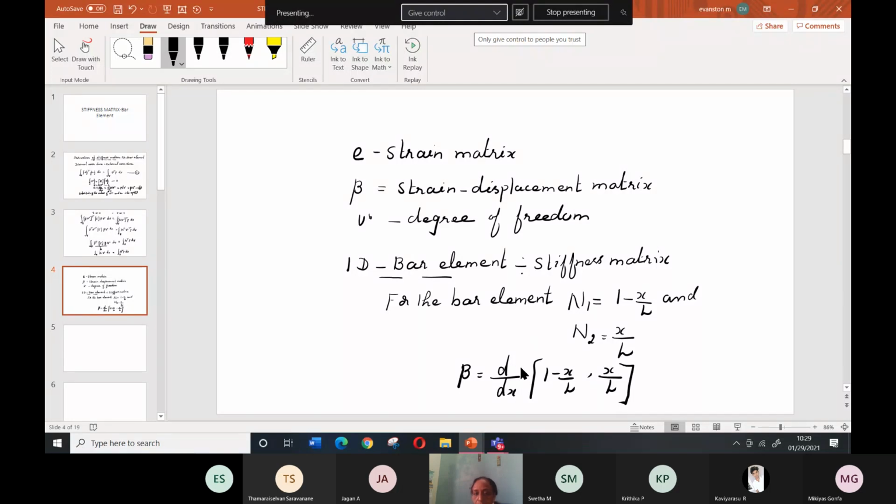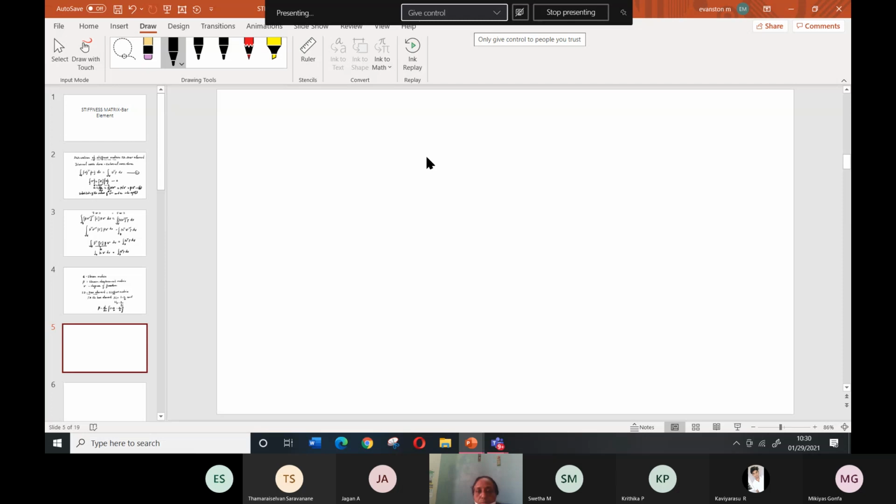Because the N matrix is N1 and N2. So that alone I have taken. When you differentiate this, what will you get? Minus 1 by L, and plus 1 by L. So that is equal to minus 1 by L, comma plus 1 by L. So we have found out the beta value.